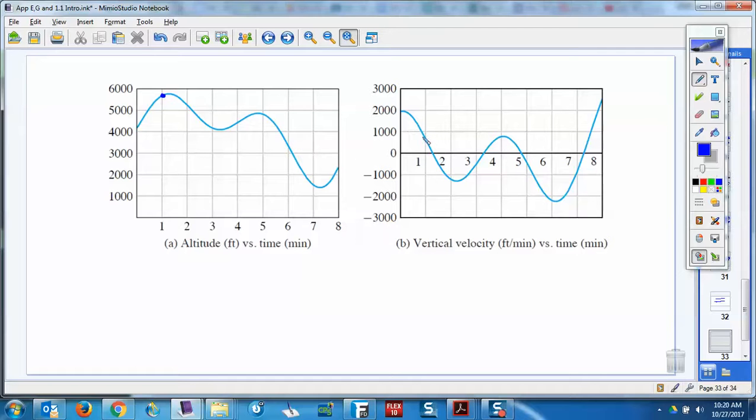And then what would this point right here tell us? Max Rademacher, what would that point tell us right there? At 1 minute, its speed was decreasing somewhere between 1,000 and 0.